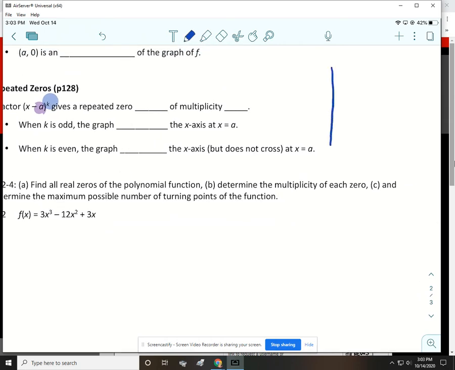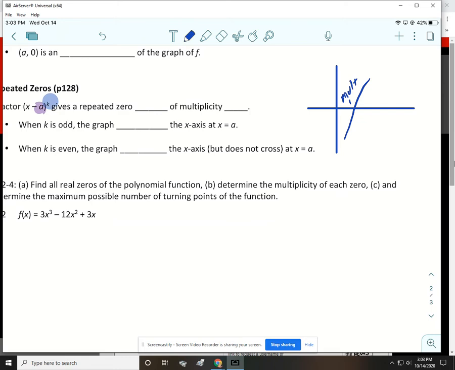And one thing I would like for you to know about the multiplicity is what it tells you about the graph. Now the zeros means it's going to touch the x-axis. For an odd multiplicity, so if it just has a multiplicity of 1, it's just going to go straight through.